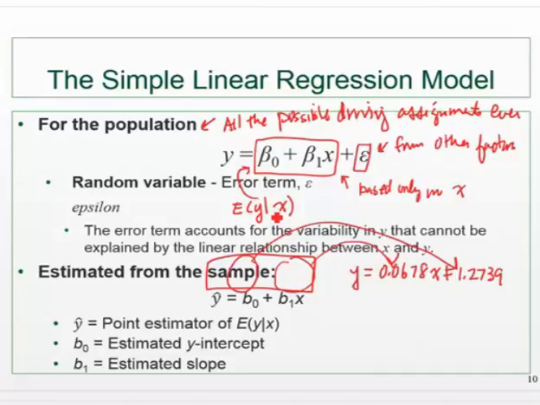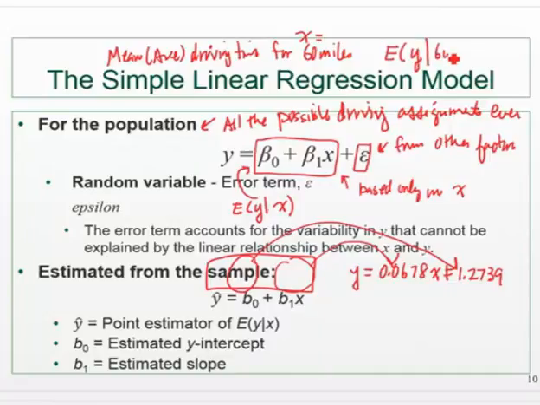So for instance, if you were to ask what is the mean or the average driving time for, let's say, a trip that is 60 miles long, then you would write it like this: E of y given 60.